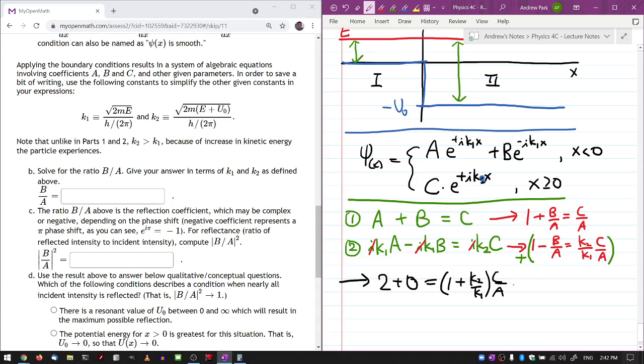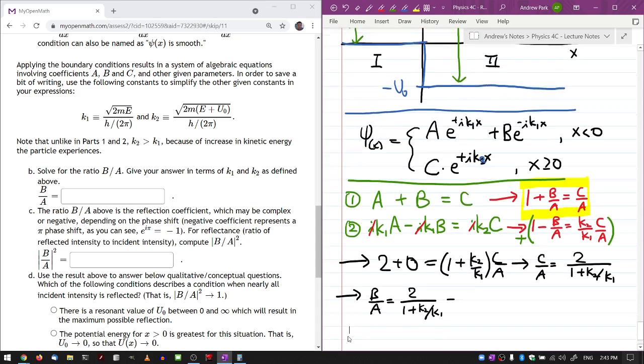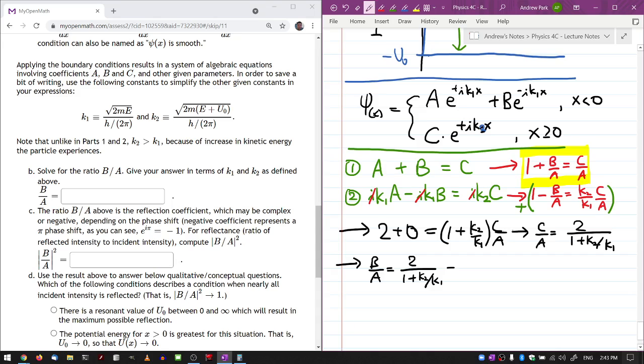Solving for c over a, I get c over a is equal to 2 divided by 1 plus k2 over k1. I can plug this into the first equation where I've solved for b over a. Solving it for b over a, I get b over a is equal to c over a minus 1. So c over a is 2 over 1 plus k2 over k1, minus 1, which I'll write as 1 plus k2 over k1 over itself.